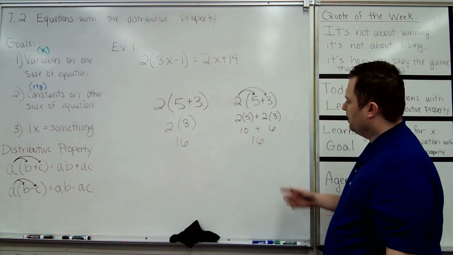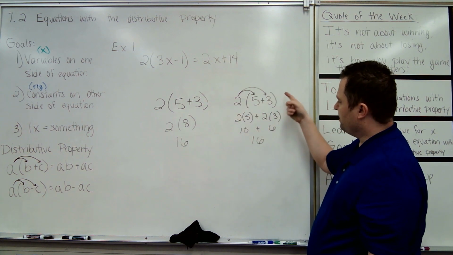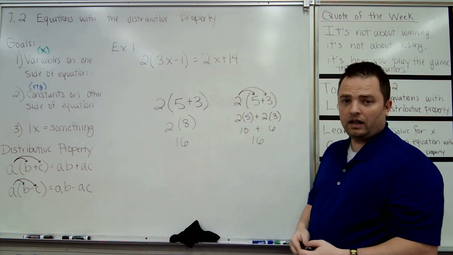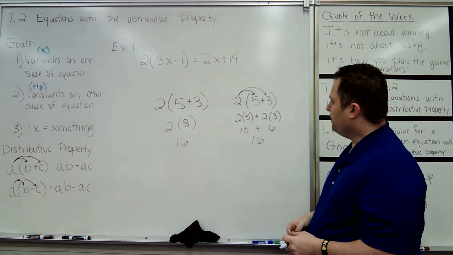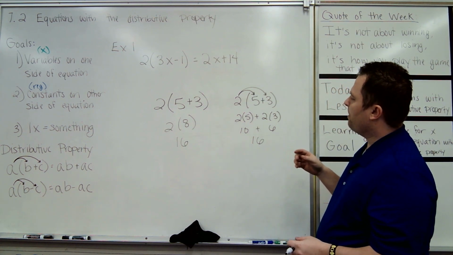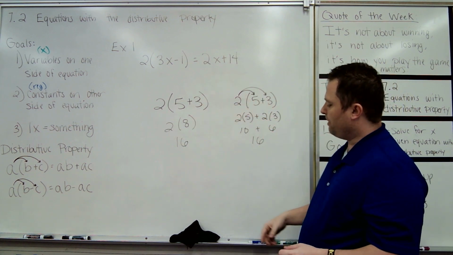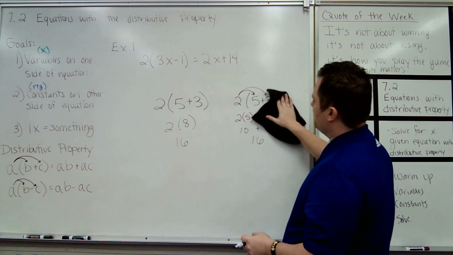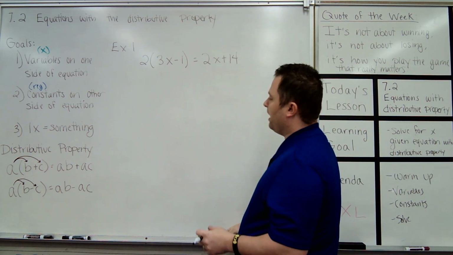But Mr. Paul, this is 16. This looks way easier to me than this. And I agree with you. That is a fair statement. But oftentimes when we use the distributive property, it's not on something that looks exactly like this. It's on things that we don't know.